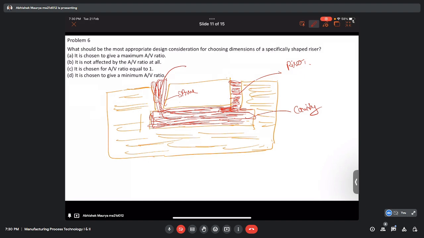In order to avoid that, we provide a riser, and the job of the riser is to supply the required molten material during the solidification shrinkage. So the riser will keep on providing the molten material, the same amount which is needed to overcome the shrinkage during solidification inside the cavity.